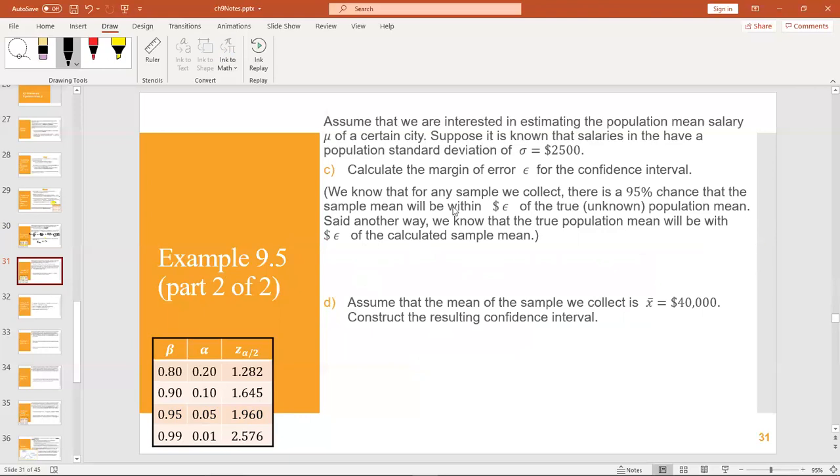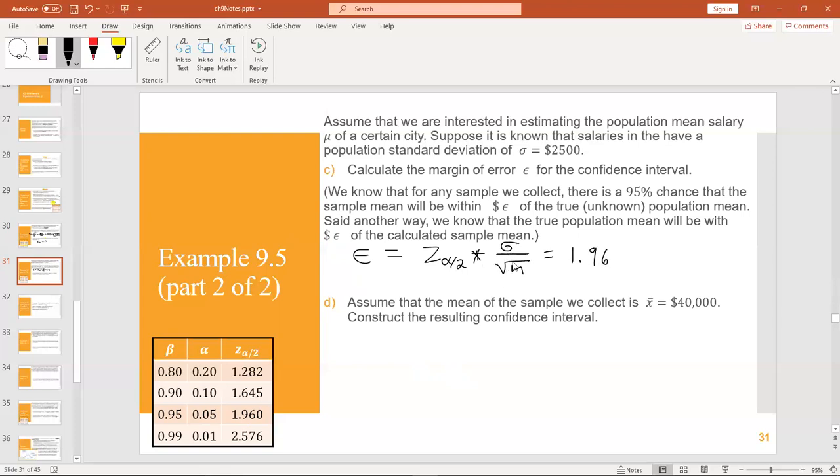So the margin of error, that's going to be Z alpha over 2 times the standard error, or sigma over the square root of n. We found that from the table before. That's 1.96.